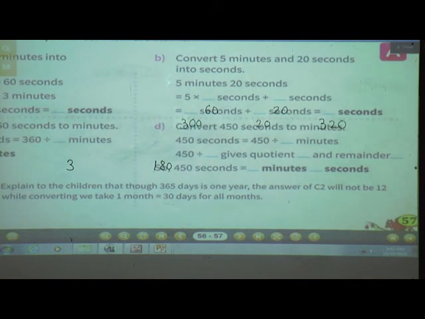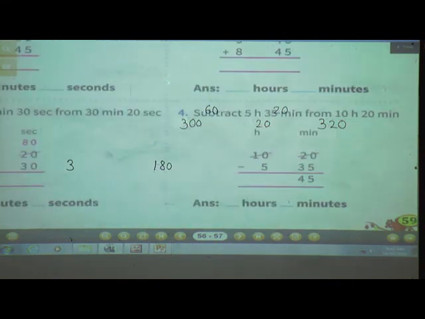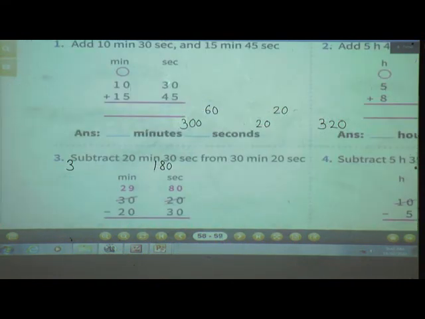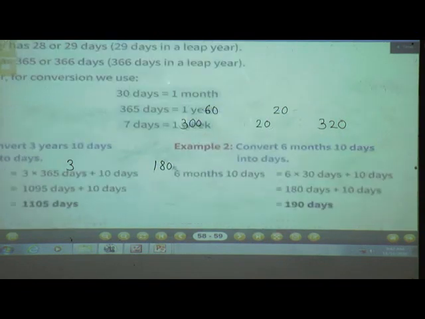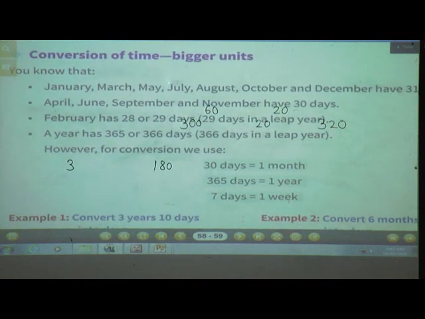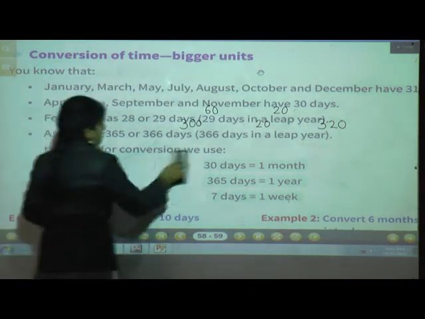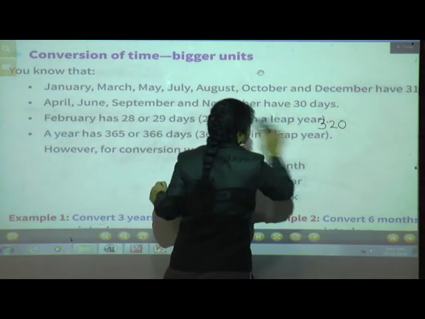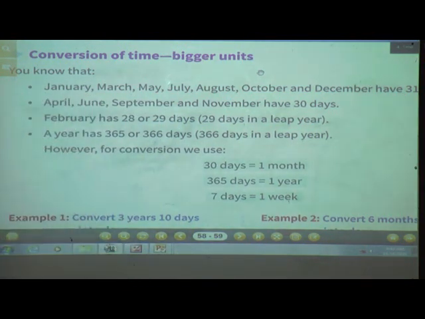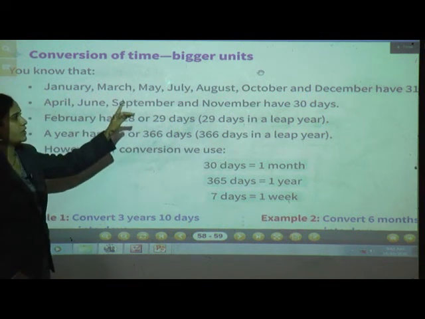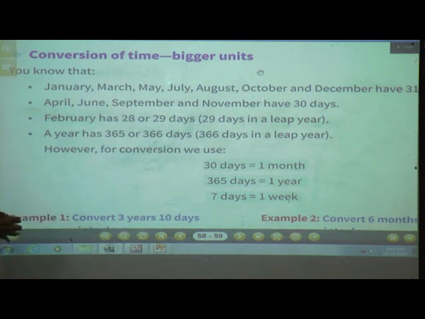Before that, see page number 58. Here they have given us some information about conversion of time into bigger units. Open the page, read it carefully students. You know that January, March, May, July, August, October and December have 31 days.